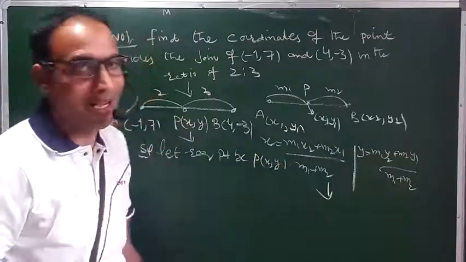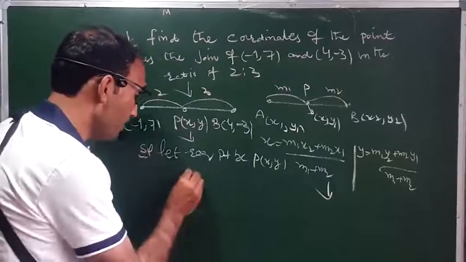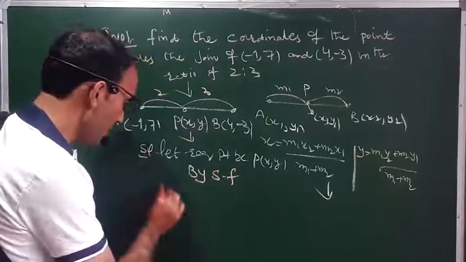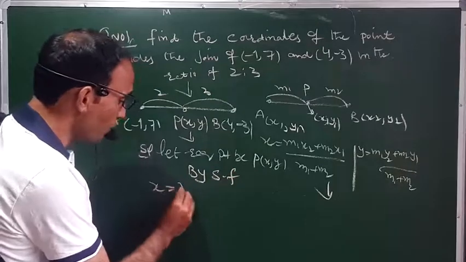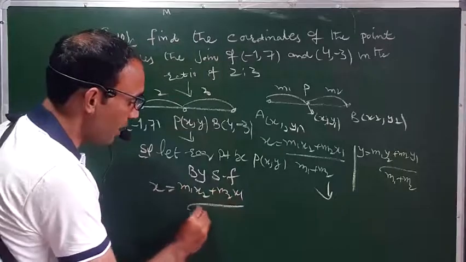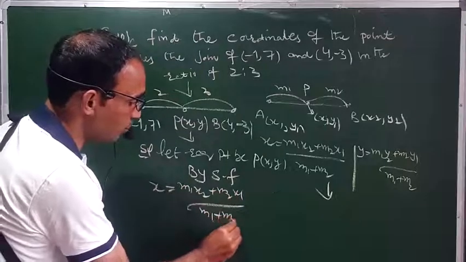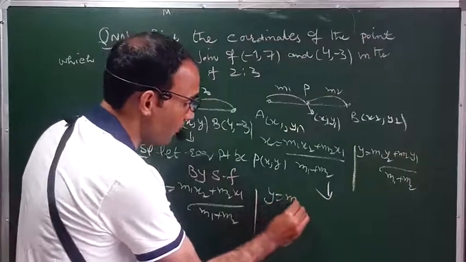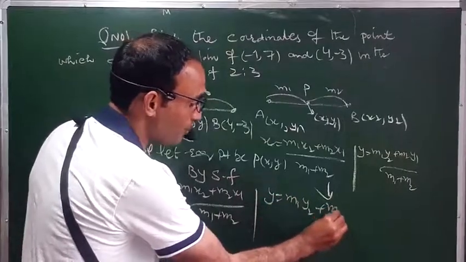By section formula, dear students, we know x coordinate is equal to m1 x2 plus m2 x1 upon m1 plus m2, and y coordinate is equal to m1 y2 plus m2 y1 upon m1 plus m2.